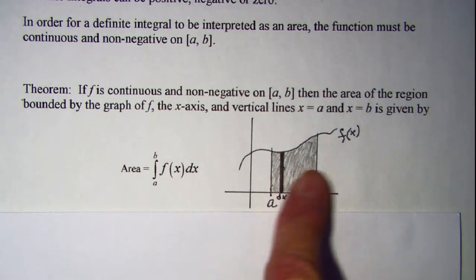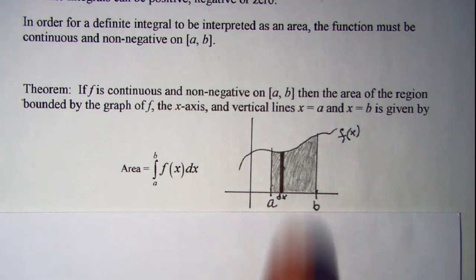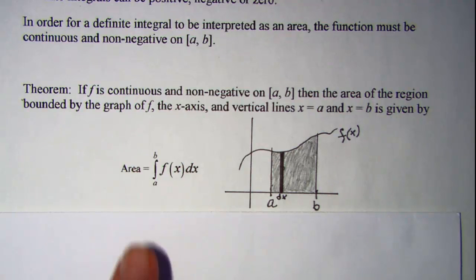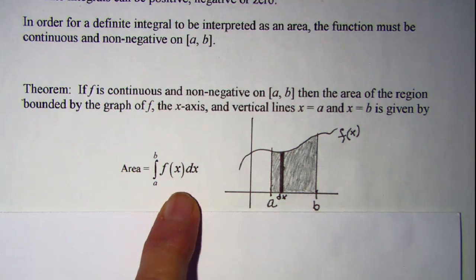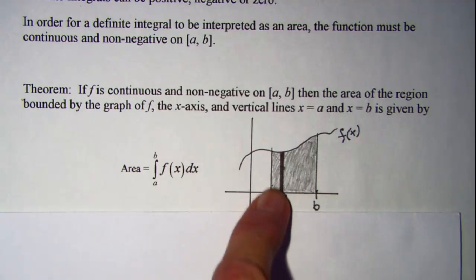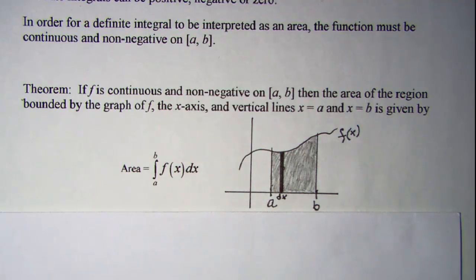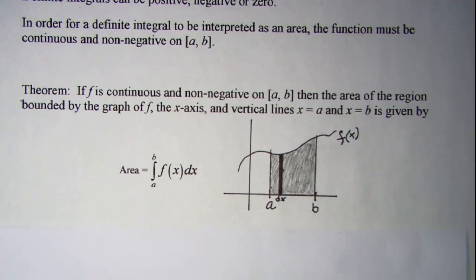So the region enclosed in here, I've shaded it in, is defined to be the definite integral from a to b of f of x dx. I've also shown a representative rectangle so that you can see where your dx is also.